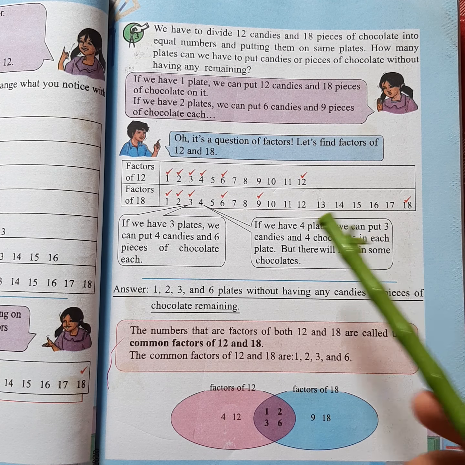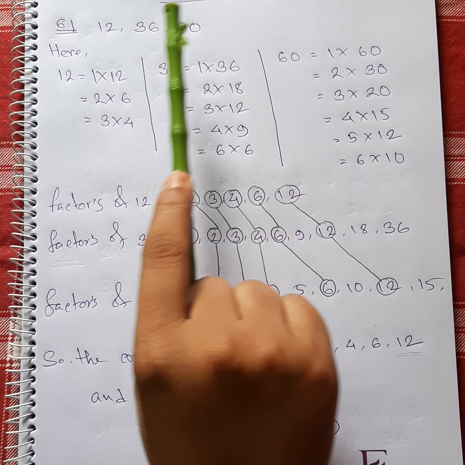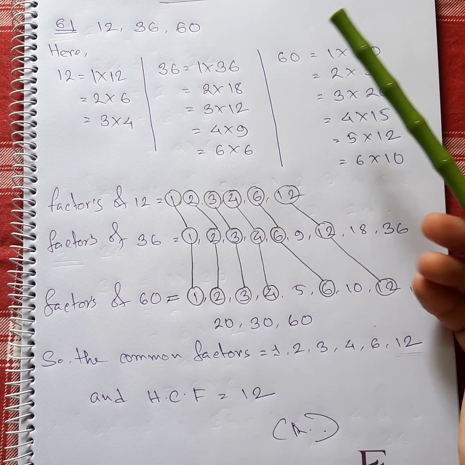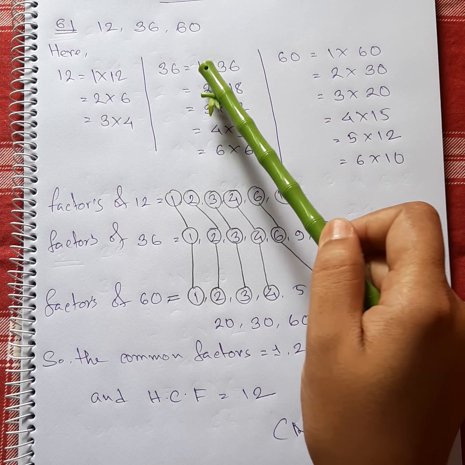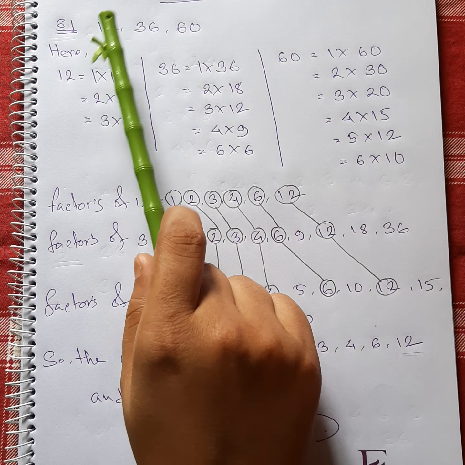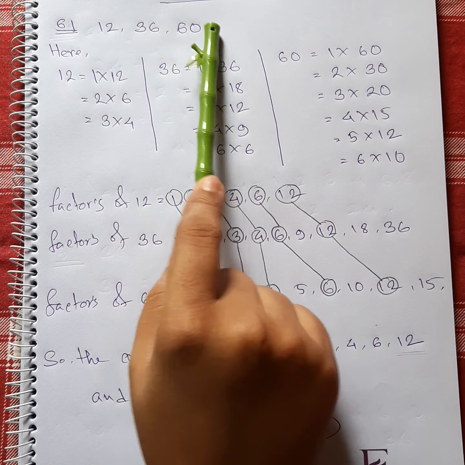Suppose there are 12 candies, 36 chocolates and 60 balloons. If you want to distribute them, then what will happen? Definitely you cannot distribute these things equally among more than 12 people or 12 children. Why? If you give 12 candies to 12 children by giving them one each, then you have to divide 36 chocolates again into 12 parts and 60 balloons into 12 parts.